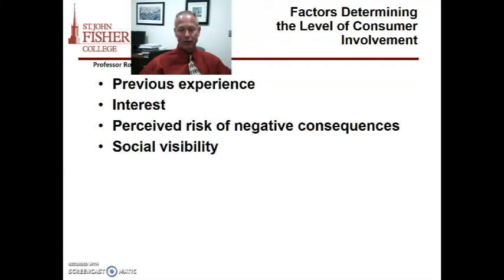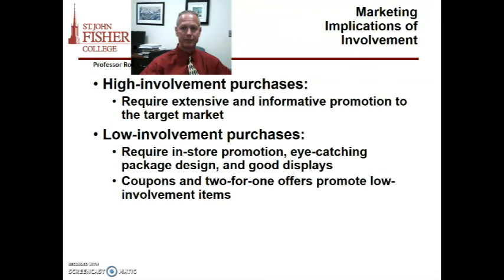Perceived risk or negative consequence: if there's very little risk or little negative consequence, your level of involvement will be low, and vice versa. I use clothing as an example here because there is some perceived risk and there are some negative consequences if you buy something that doesn't look nice on you or that doesn't meet your particular style. And that goes to social visibility also.